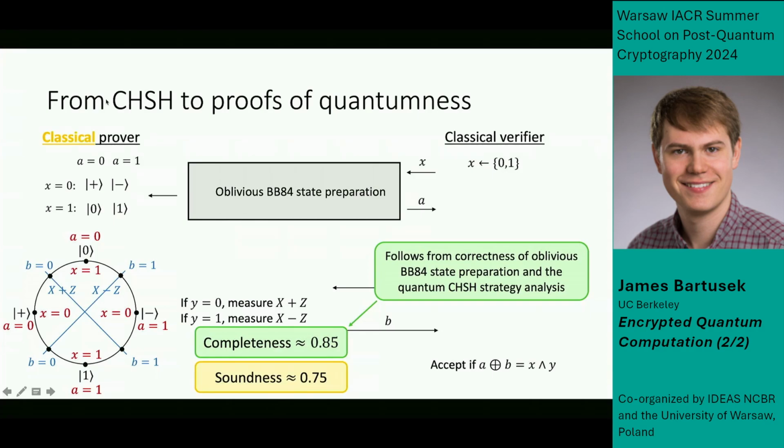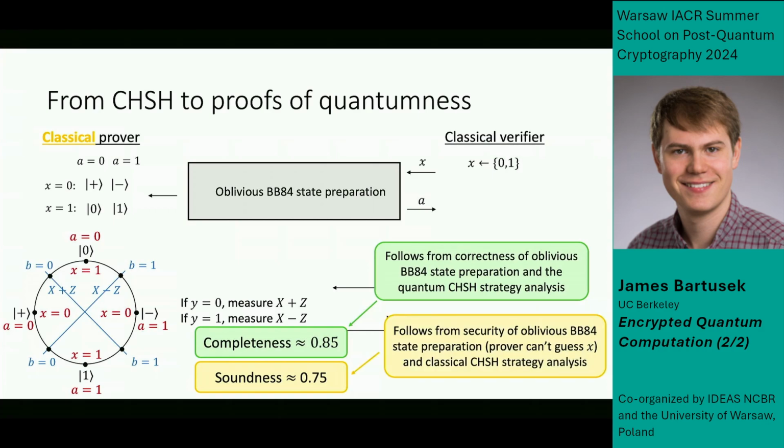Now let's check soundness, and for soundness we only care about soundness against classical provers. We want to say that a classical prover in this protocol cannot cause the verifier to accept with probability greater than 0.75. And why is that?